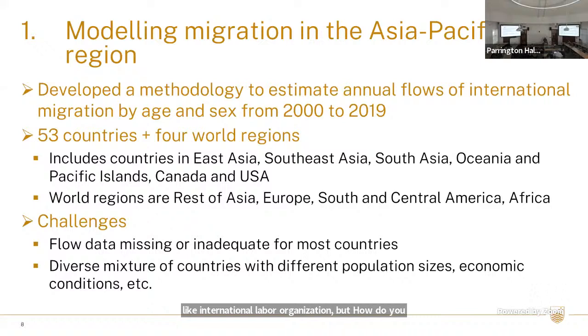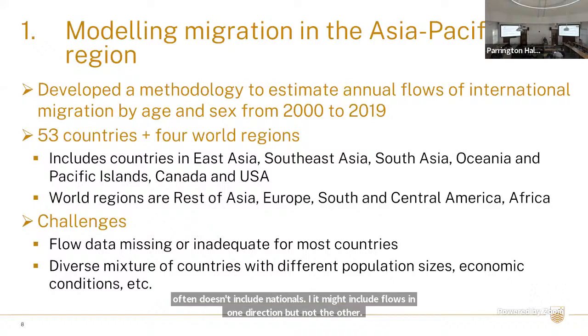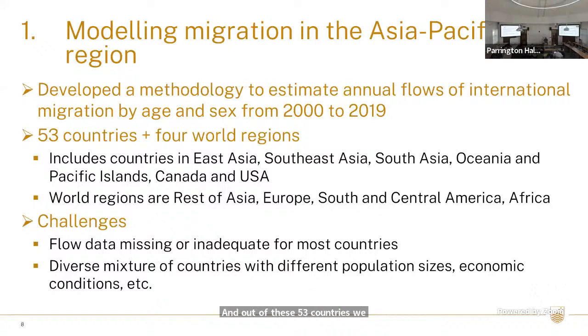It often doesn't include nationals. It might include flows in one direction, but not the other. And out of these 53 countries, we really only had 3 countries that had data that we could use. That was Australia, New Zealand, and South Korea. The rest, and the big countries like India and China, which we knew were dominating the migration patterns, no data.